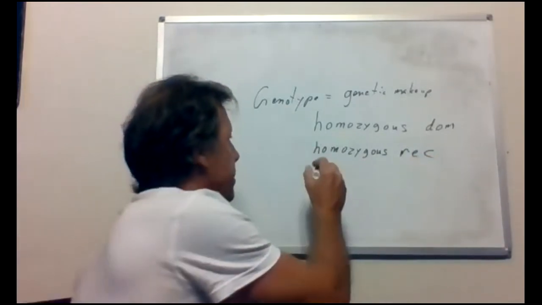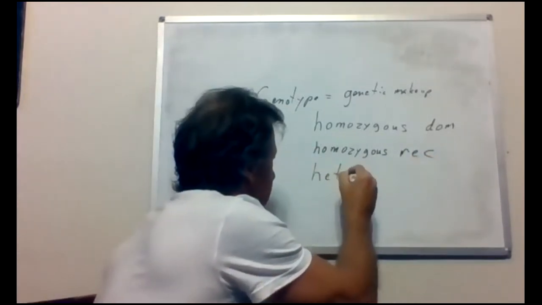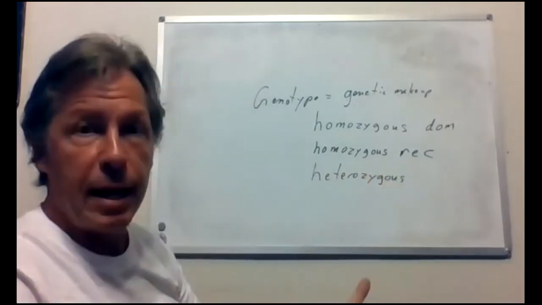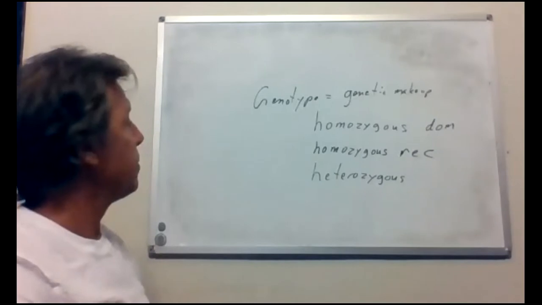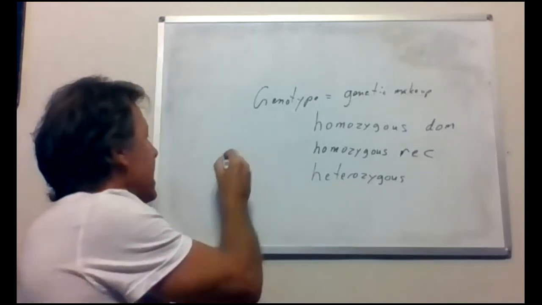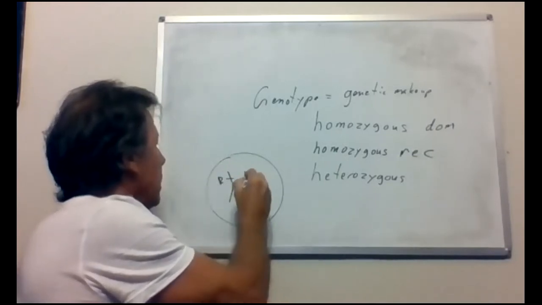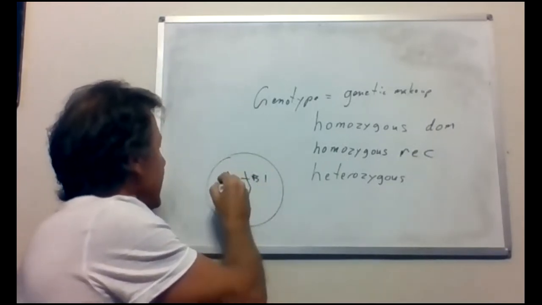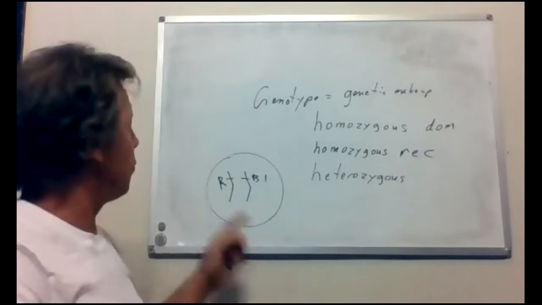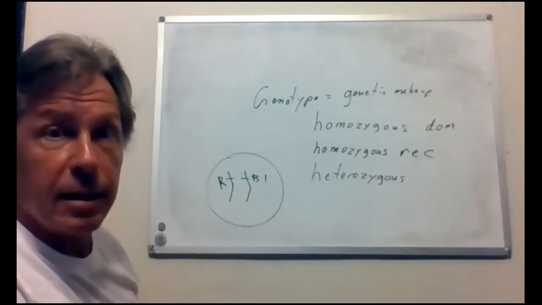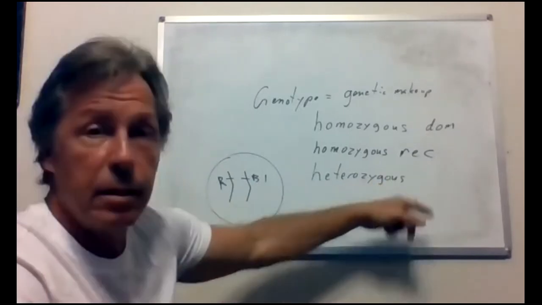Or the other option is heterozygous. Now, this is a little bit different because if I say heterozygous, what does that mean? That means I have one of each, right? I have one red and one black. Now, it doesn't make any sense to say heterozygous dominant, right?